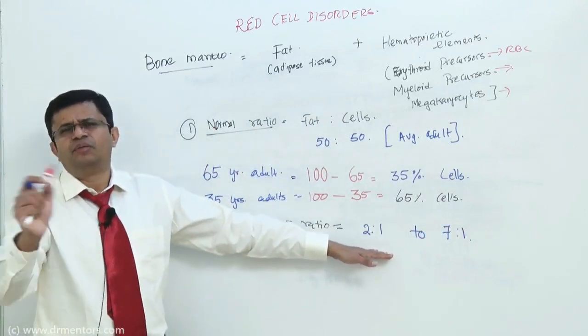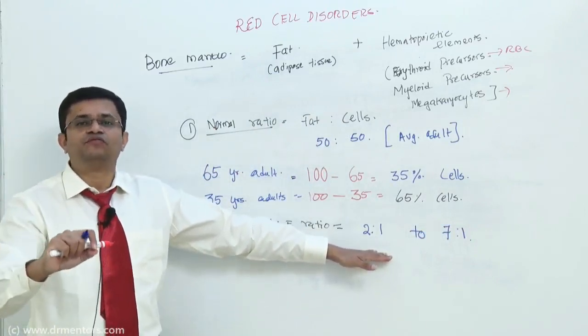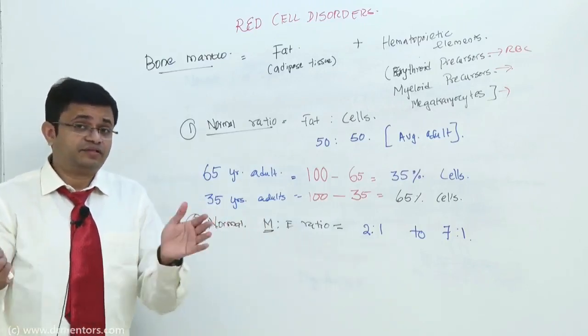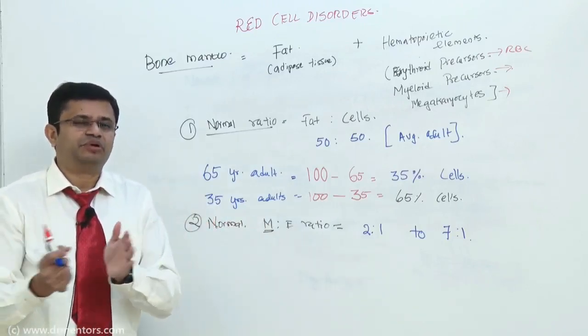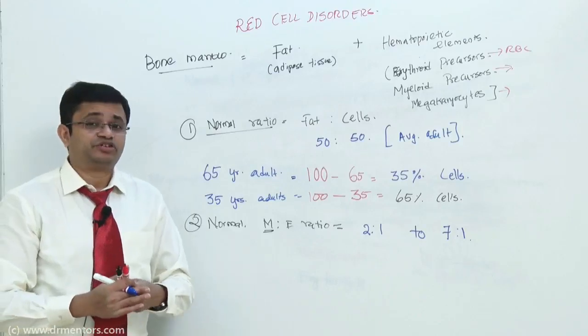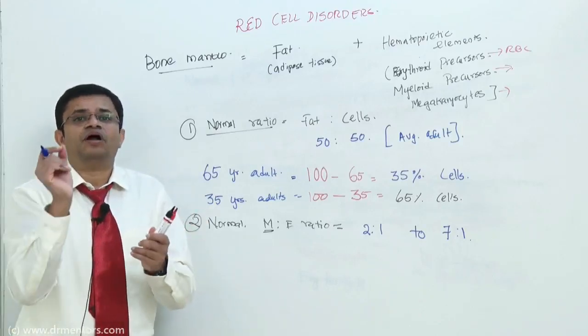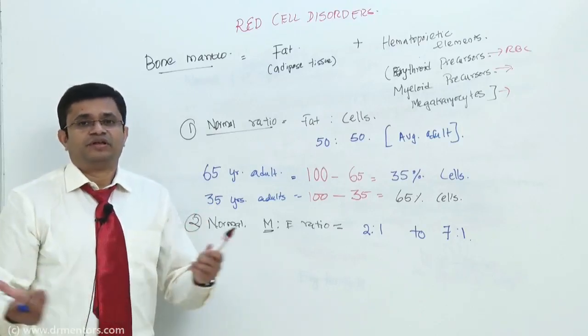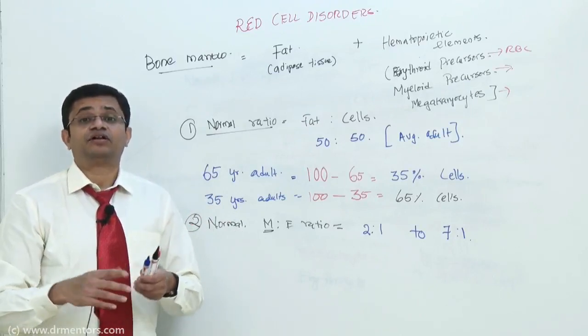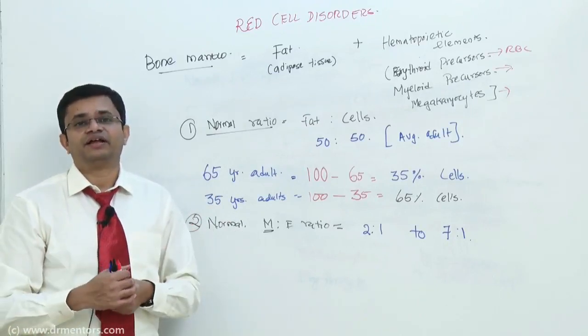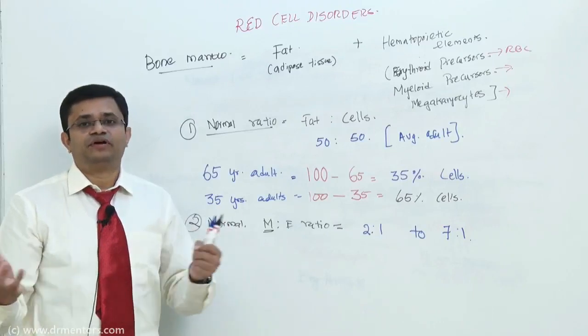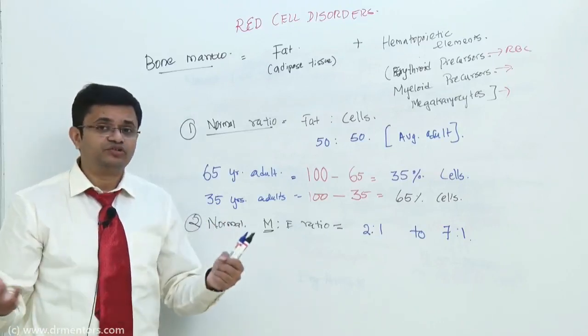If someone asks what the normal ME ratio is, even if you say 3:1 or 4:1, I will be happy, because that fits into the normal range. But in medicine, especially in hematology, never say one value, because that doesn't reflect your understanding of the range of values you can have.